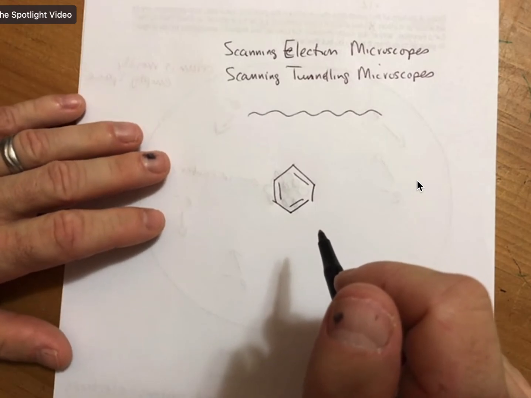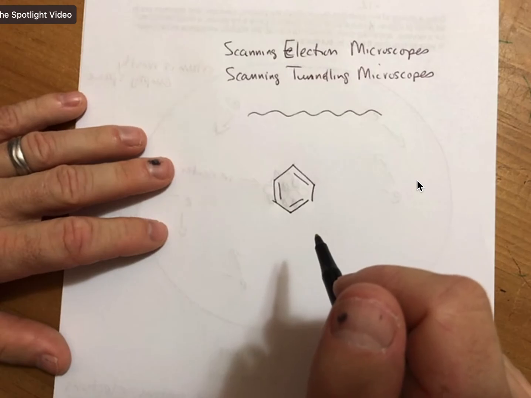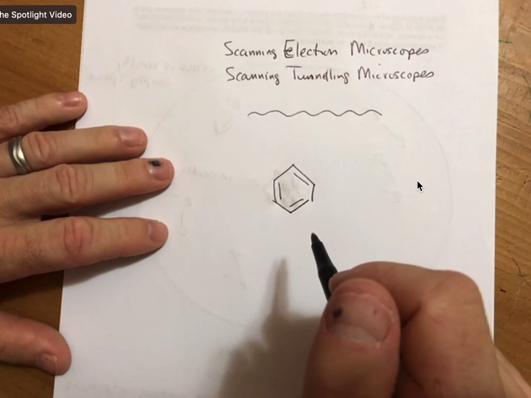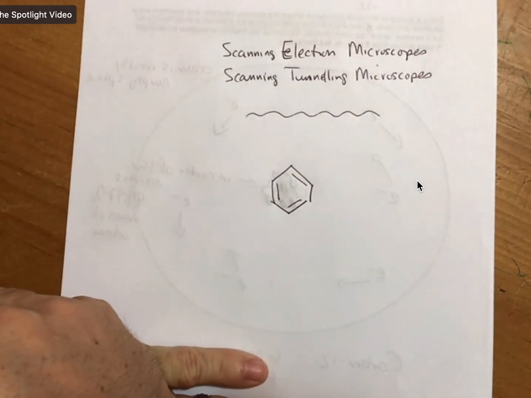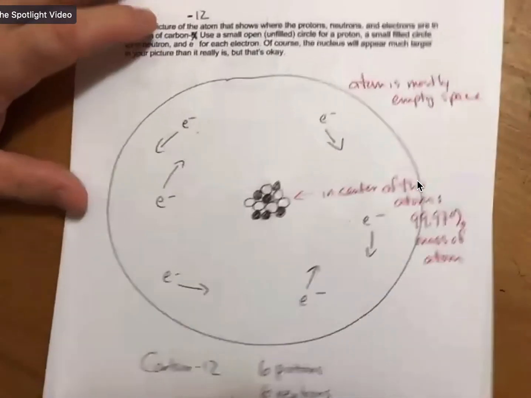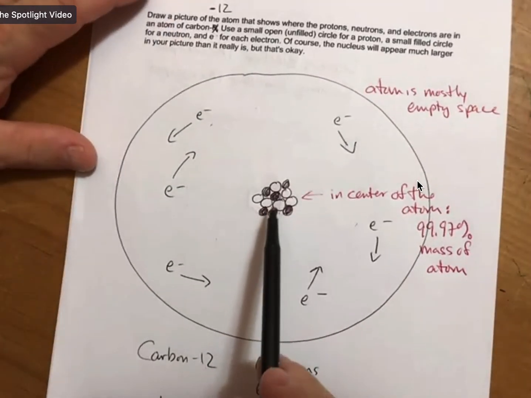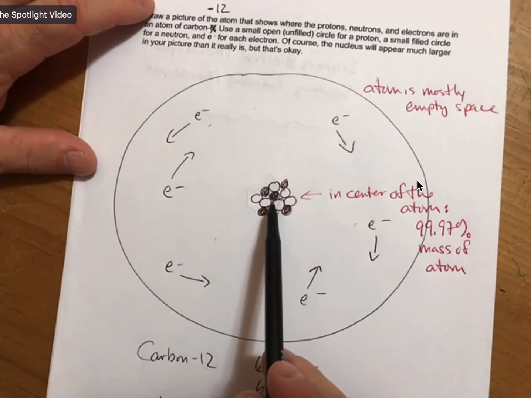But in science, a lot of stuff is based on our best hypotheses and our best theories, and we've gotten to the point where we're very confident of things based on those theories. This experiment is a very elegant experiment, called the Rutherford gold foil experiment, and you can read about it.